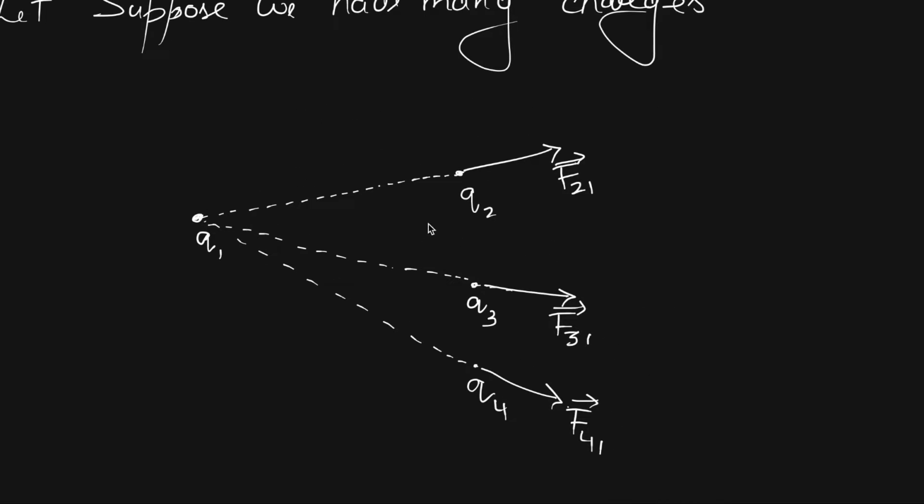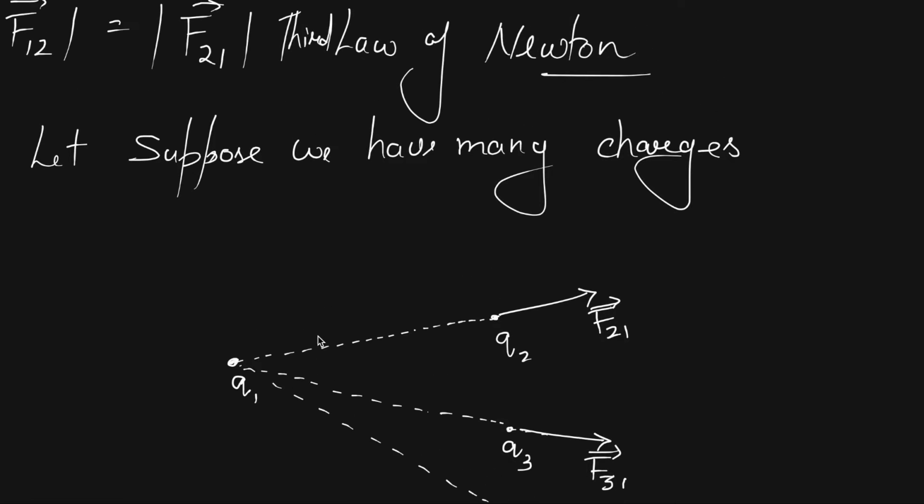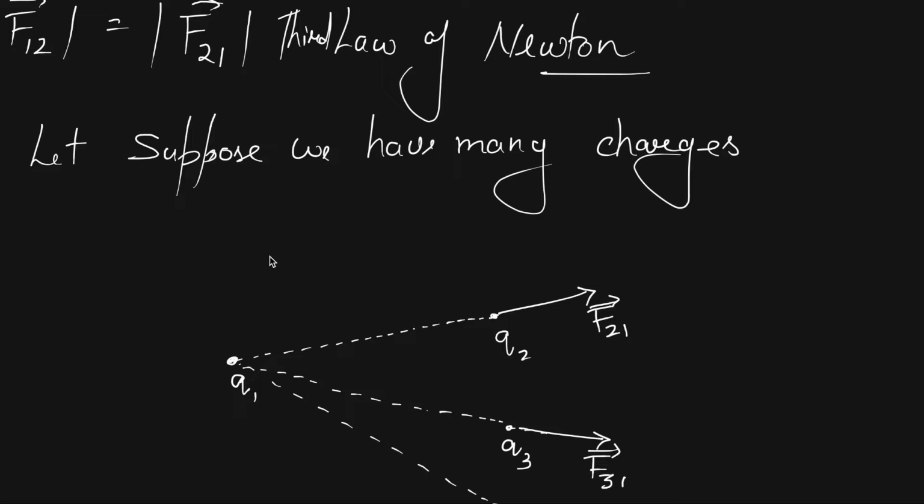We want to find the resultant of all these vectors. For simplicity, let's take one other charge, q5, here, and the force is in this direction, f51.